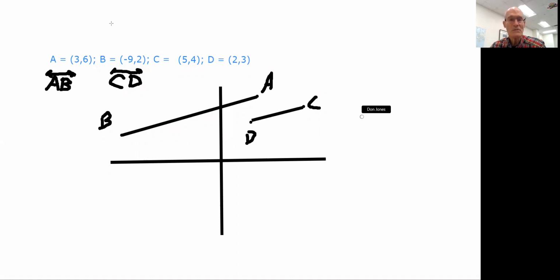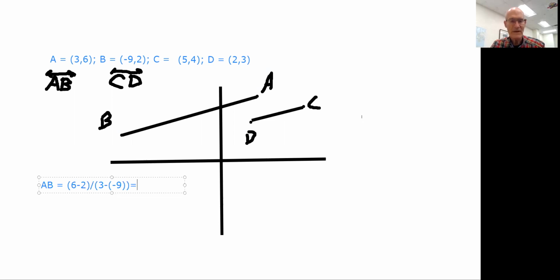If we go back to text here, the slope of AB equals, so I can do 6 minus 2 on top, 6 minus 2 divided by (3 minus -9).